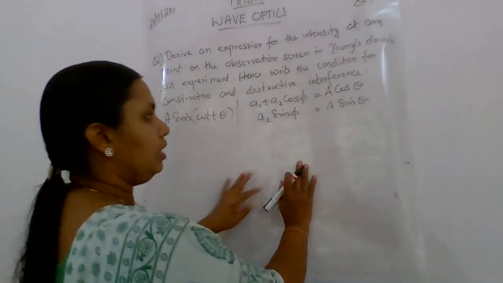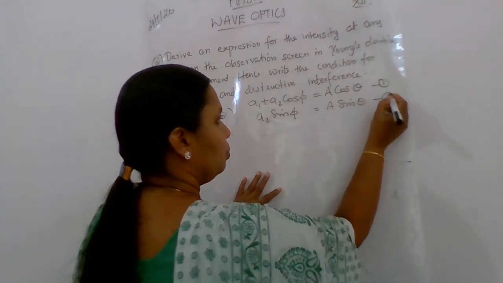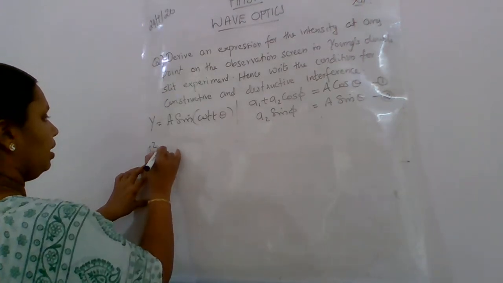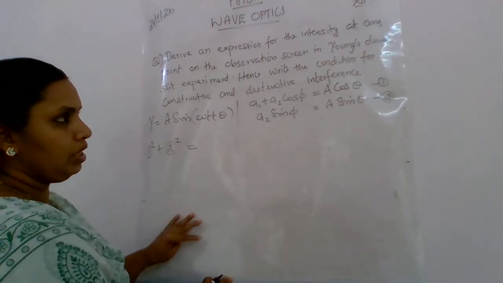Look at this equation. We can name it as equation 1 and equation 2. And I am squaring equation 1 and adding it with the square of equation 2.